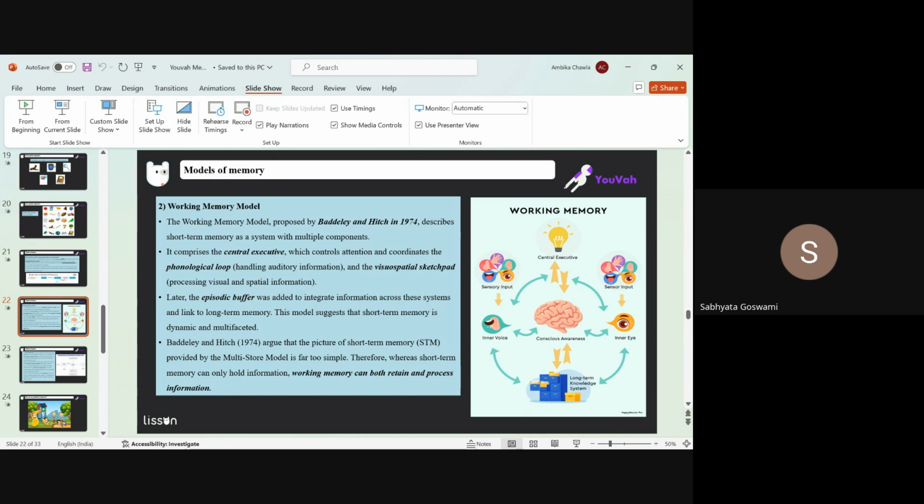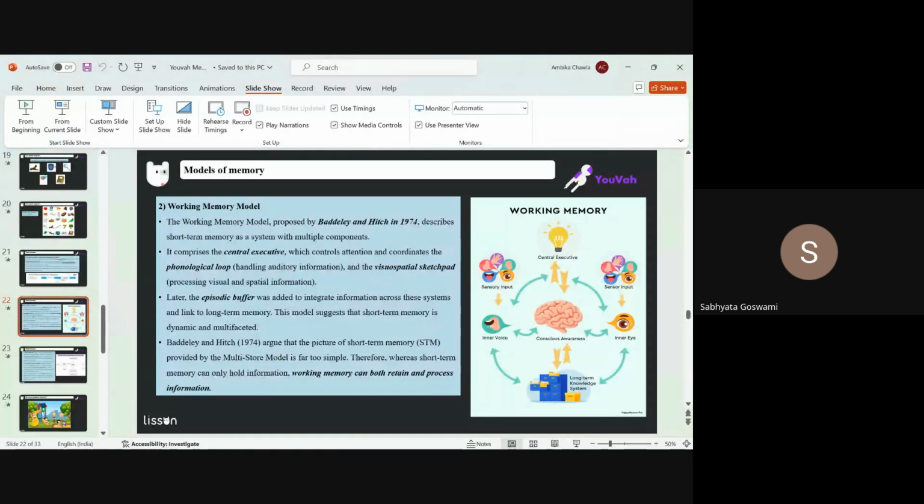Yeah, so we were on working memory model, and like Zara also mentioned, कि ये particular model and levels of processing model, both of them were generated because the multi-store model was far too simple, right?